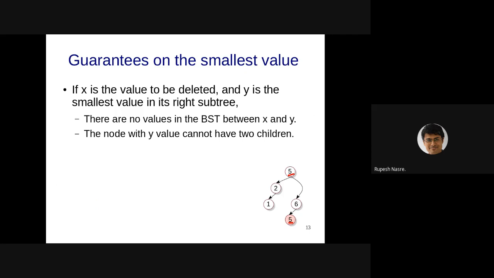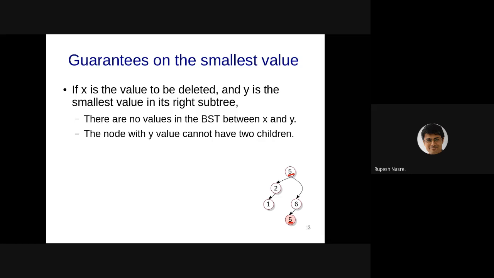That is one very interesting part of this. So this is the proof which is required, that when you replace 4 with 5, is it possible that 5 can have 2 children? So the 2 children case, are we really simplifying, or we are getting into an infinite recursion? Right? So since 5 is the next value after 4 and there is no value in between, that means 5 cannot have a left child.